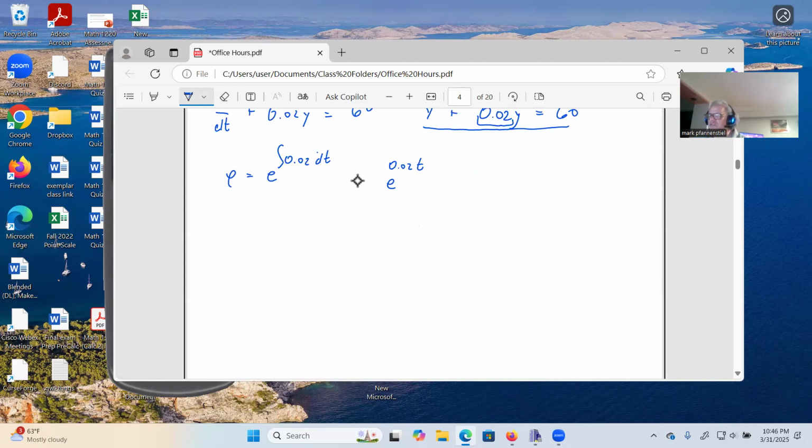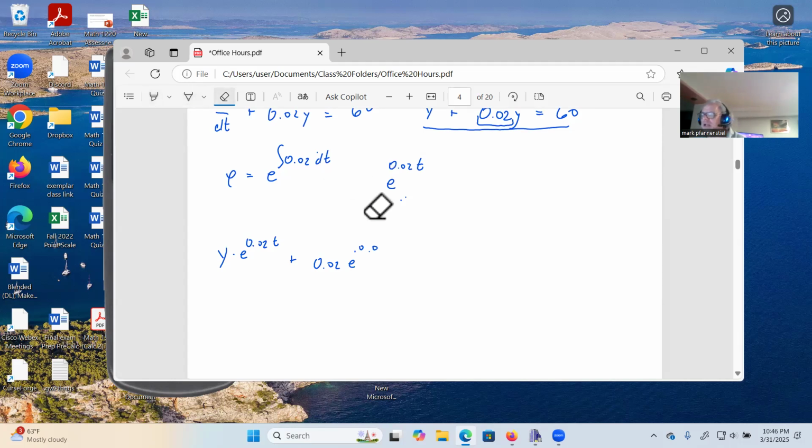We multiply this by everybody. So we have y prime times e to the 0.02t plus 0.02 times e to the 0.02t times y.